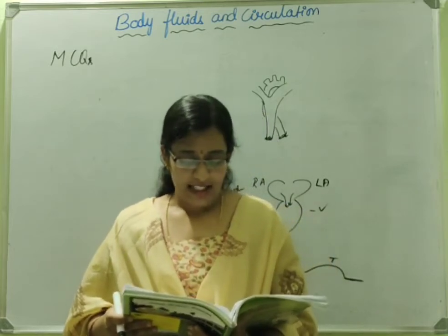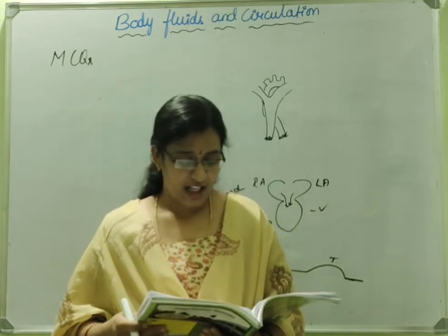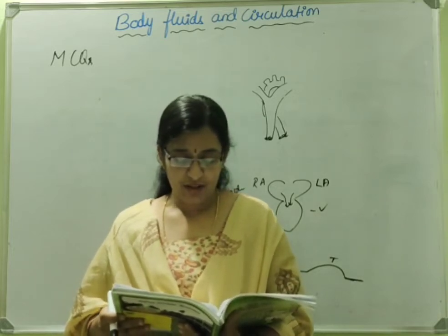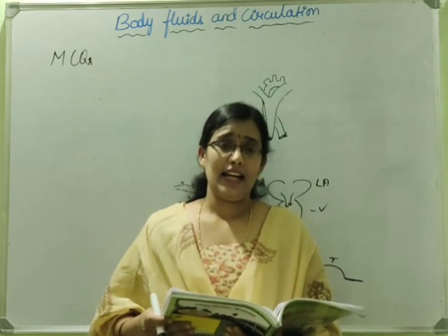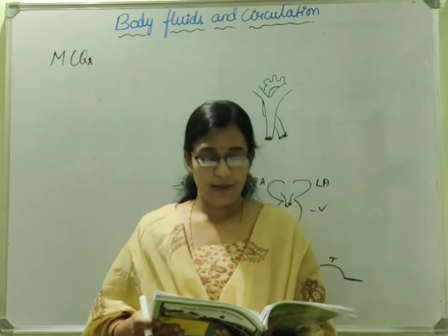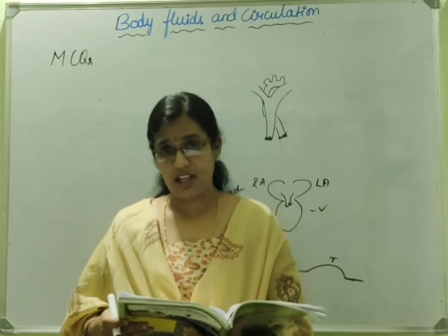Next question, pulmonary veins carry option A, pure blood from heart to lungs, B, pure blood from lungs to heart, C, impure blood from lungs to heart, D, impure blood from heart to lungs. So what is the function of pulmonary veins? They carry the pure blood from lungs to the heart.